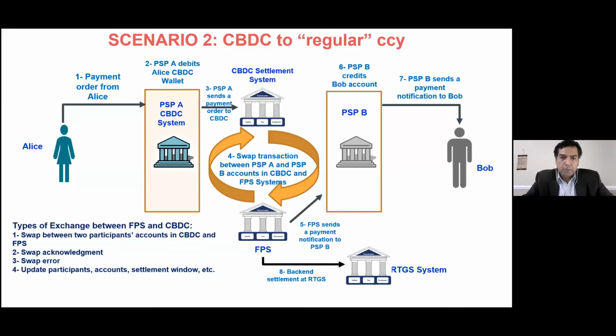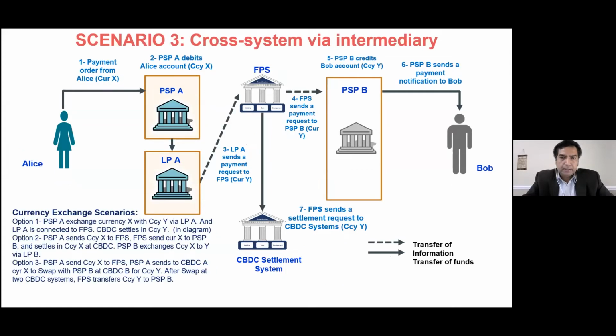And now, what if the provider who is servicing Alice is not connected to the systems on which Bob's payment service provider is connected? And this could also be in the context of a cross-currency transaction, not necessarily cross-border, but could be between the same country, where some countries do have multiple currencies supported. Or you can also conceptually look at it from the perspective of transaction flows.